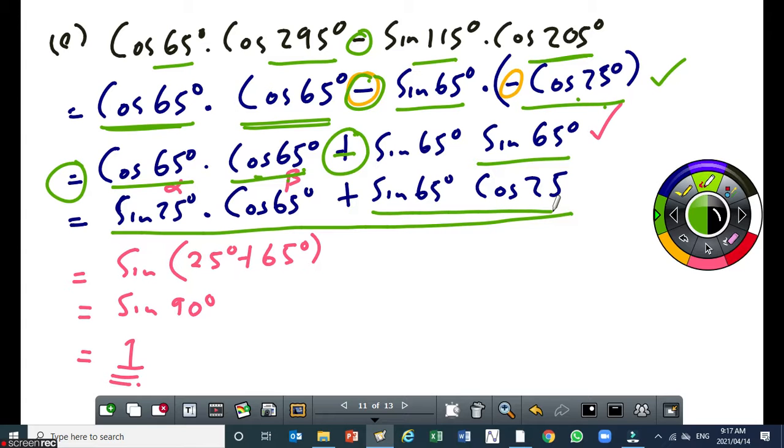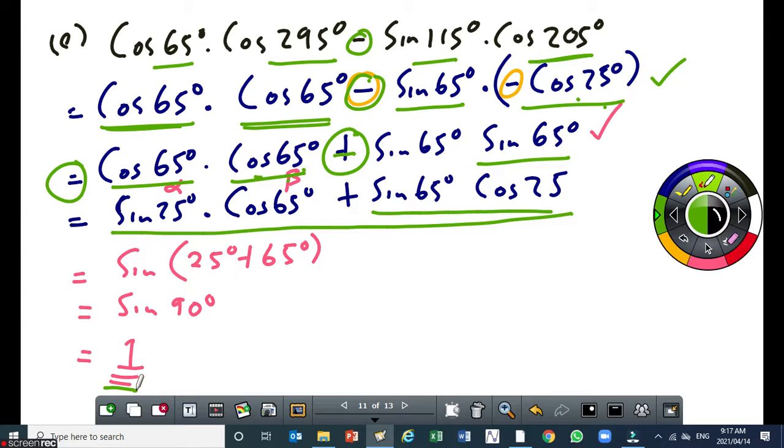Still, if you do it the way that I did, you get the same result. So my alpha is 25, my beta is 65. I added the two and I got sine 90, which is a special angle, and the final answer will be 1.